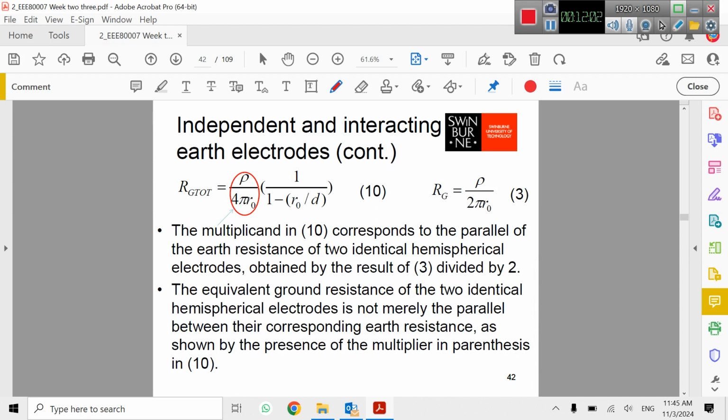If there is no interconnection between these two and no effect between electrode A and B, only the highlighted one, the red one, is considered as RG total. However, when these two have an equipotential connection with each other, the other term, which is this one, also has to be considered.